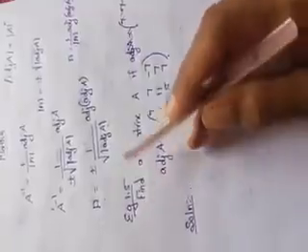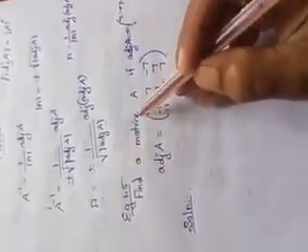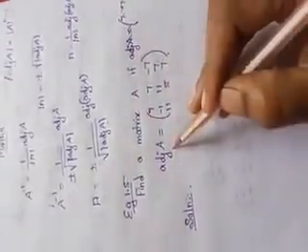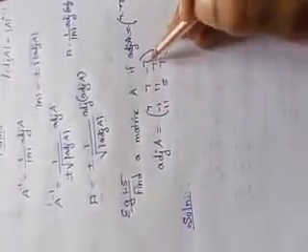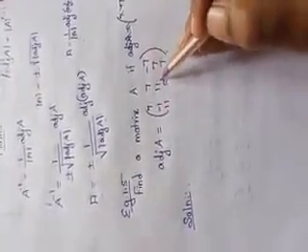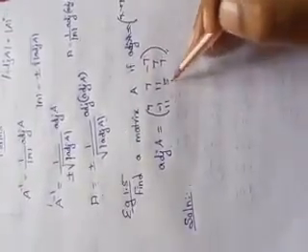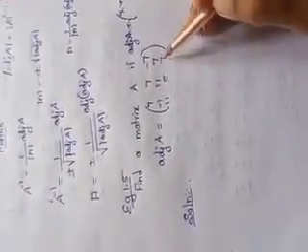Example 1.5. Find a matrix A if adj A is equal to the matrix with rows 7, 7, minus 7; minus 1, 11, 7; 11, 5, 7.